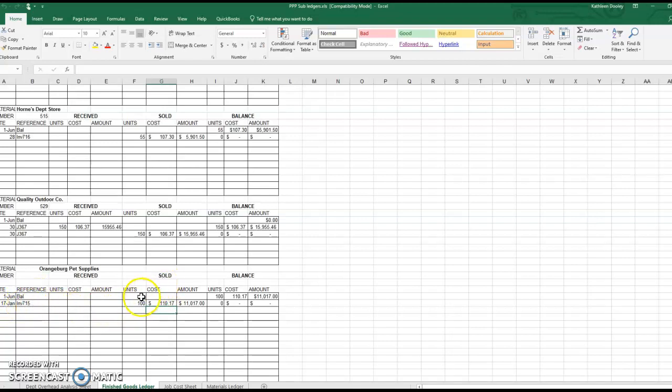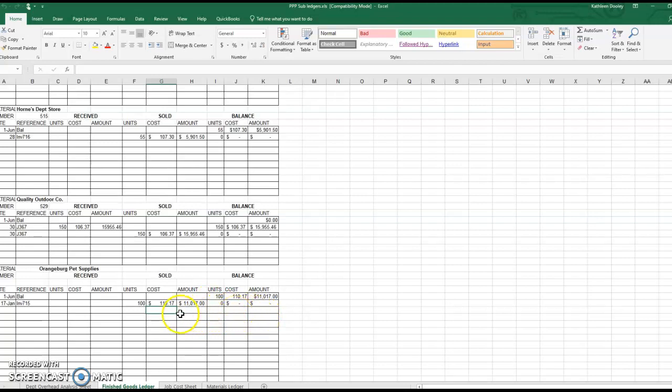We sold all 100 units at that cost, 110.17. So that's 11,017. Since they're shipped out, I no longer have a balance in the distribution warehouse. So I subtract my balance minus what I sold out, and I now have 0.